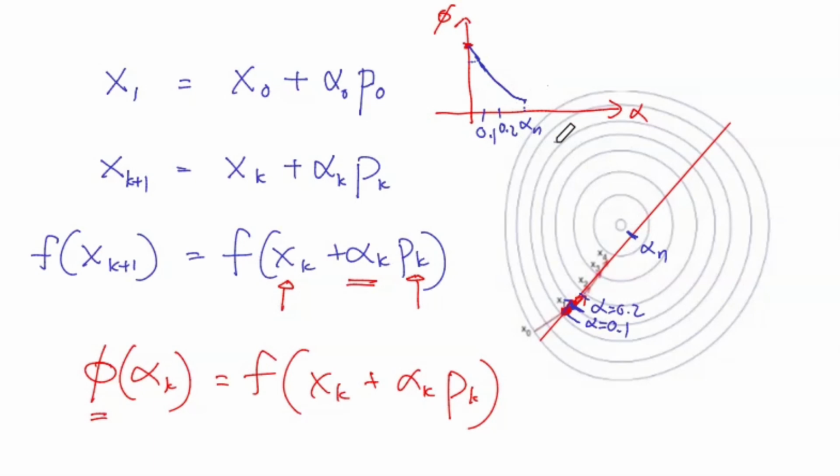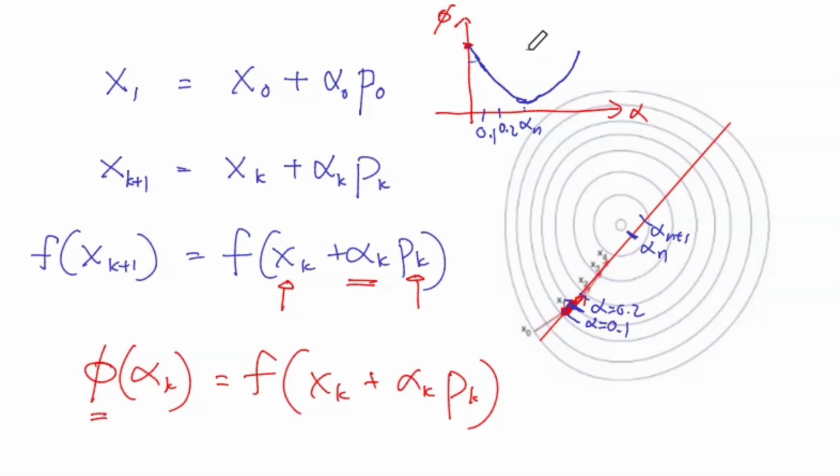When you increase alpha to alpha_{n+1}, which is larger, the cost function increases because it's further from the local minimizer.